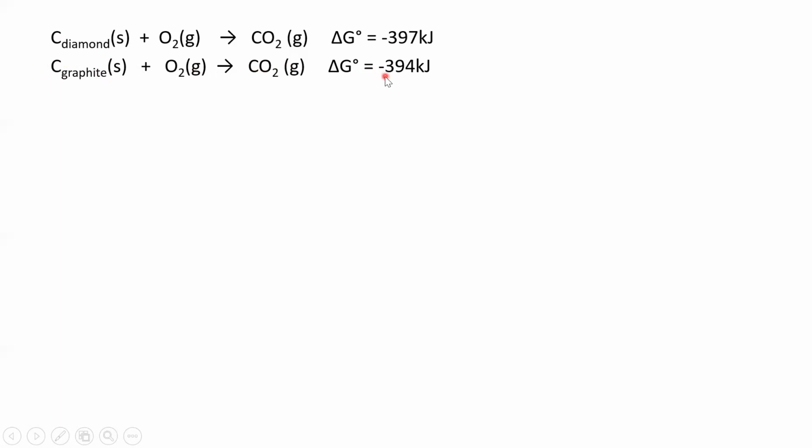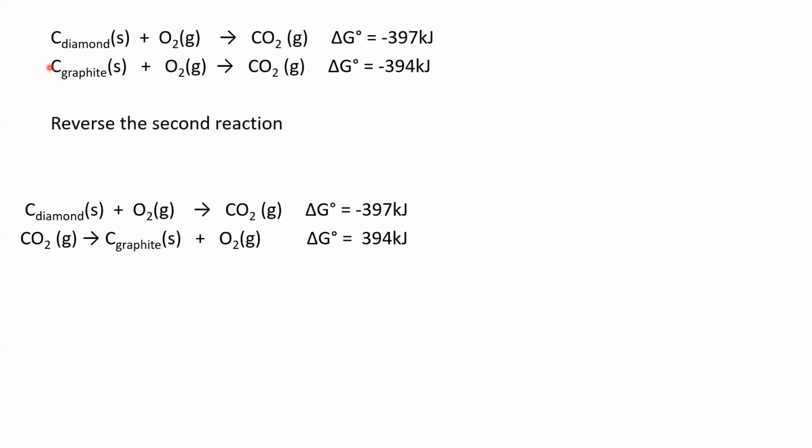That's why it's a negative delta G. It would be non-spontaneous in the reverse direction. So we leave the first reaction the way it is, and we keep the sign. We flip the second reaction around, and we flip the sign.